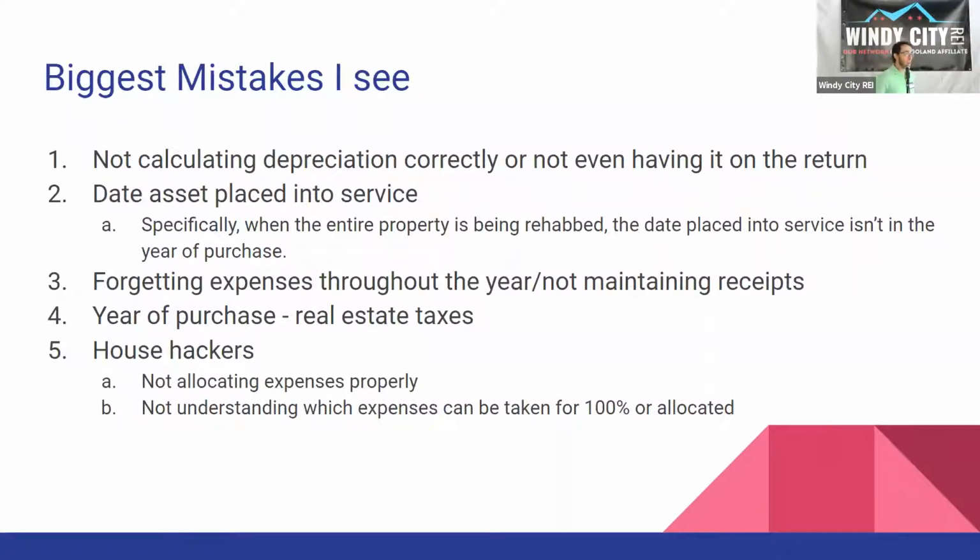And then in the year of purchase with real estate taxes, this applies for anybody, but in Illinois, you get a closing credit for real estate taxes for the year prior. So I'll do a quick example. Let's say you get a closing credit of $7,000 on your closing statement for real estate taxes. Let's say you close in December 2020. And let's say your real estate taxes are $7,100.